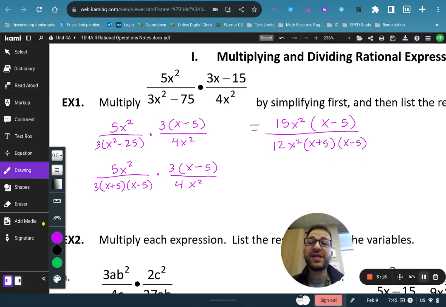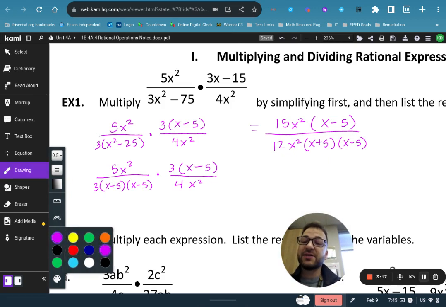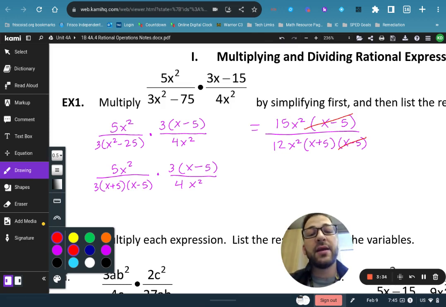Now what I want to do last is see if I can cancel and simplify anything out. So first things first, I see that x minus 5 and x minus 5. Just like we've talked about before with our wholes, if I have the same factor in the top and the bottom, it cancels out. So x minus 5 and x minus 5 are going to cancel out. I don't have anything to match my x plus 5, but I can cancel out x squared and x squared.